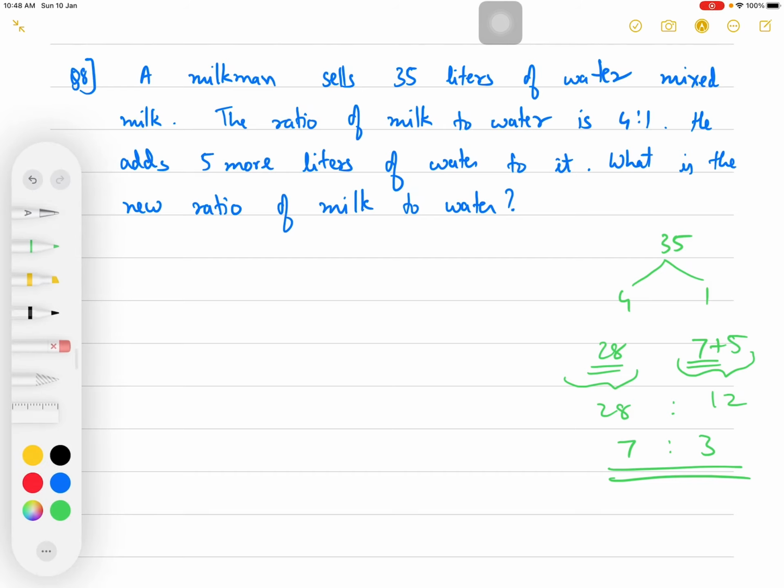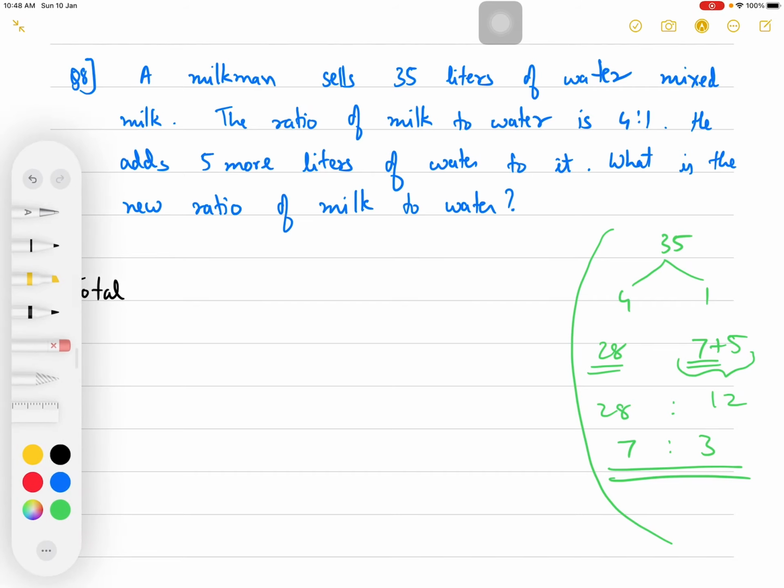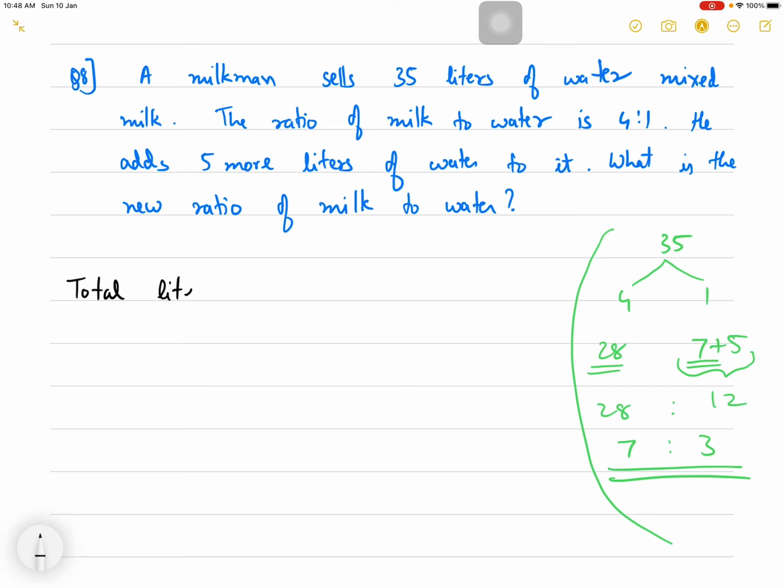So let's solve. Total liters of milk plus water is 35. Present ratio of milk and water is 4:1.